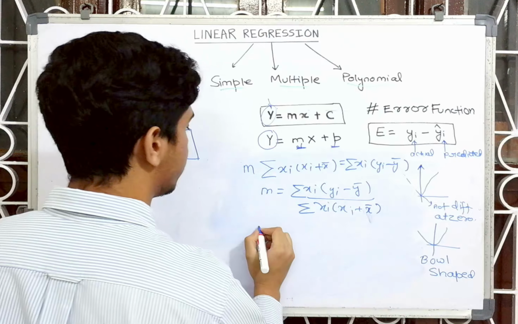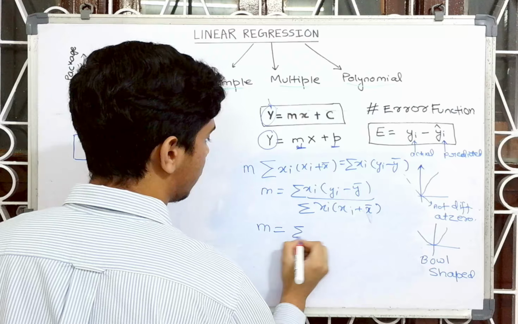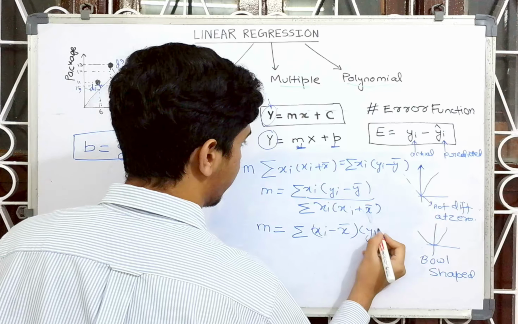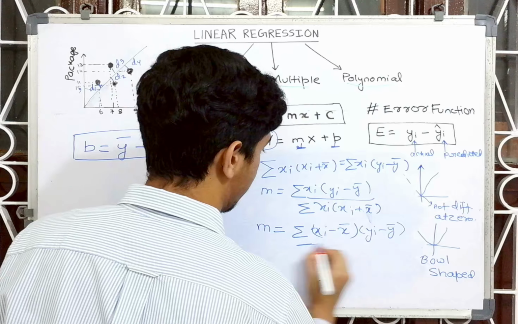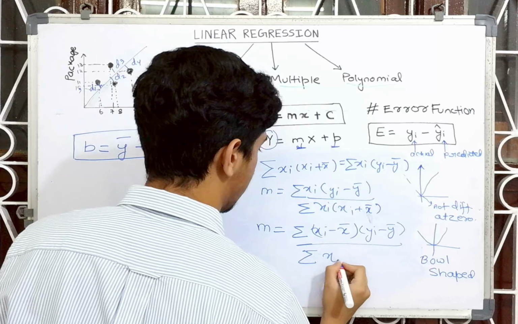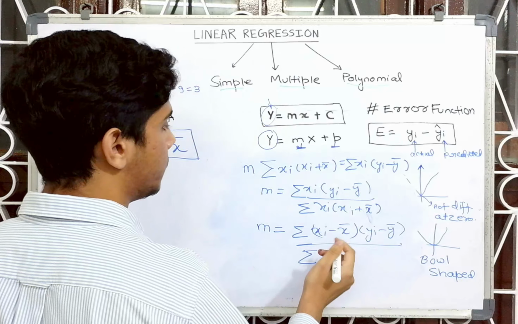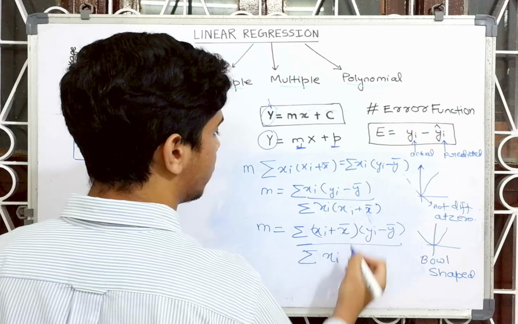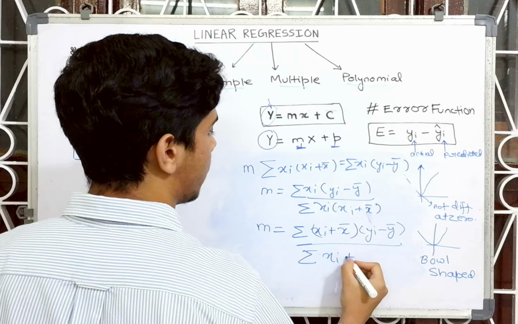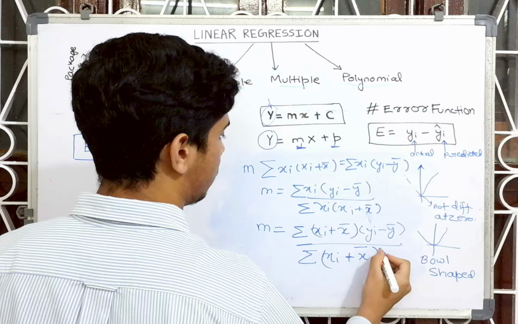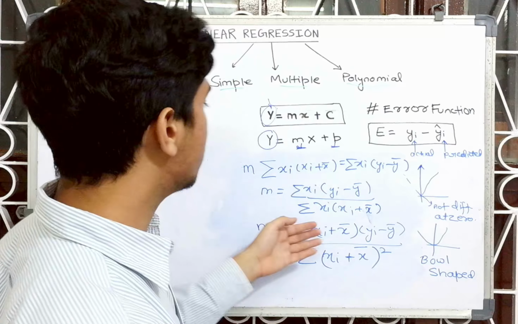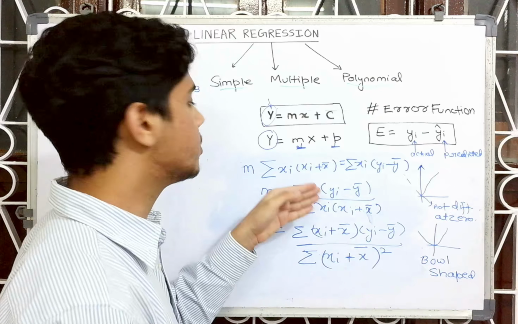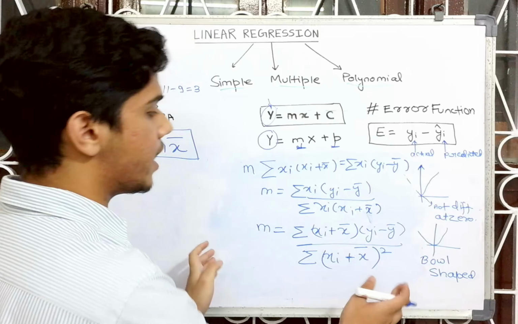So we can also write this equation in this form: the summation of (xi minus x mean)(yi minus y mean) divided by the summation of (xi minus x mean) whole square. Why did we do plus x mean? Because mathematically, if we differentiate this, that will also be equal to xi, and this is the standard form.